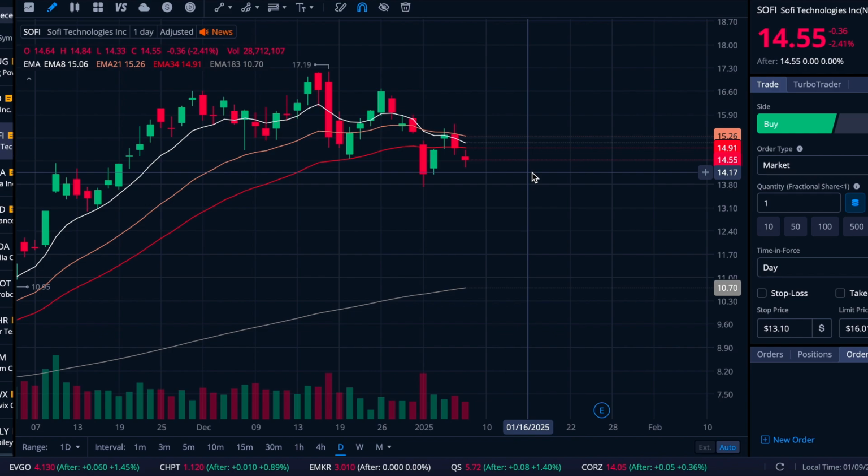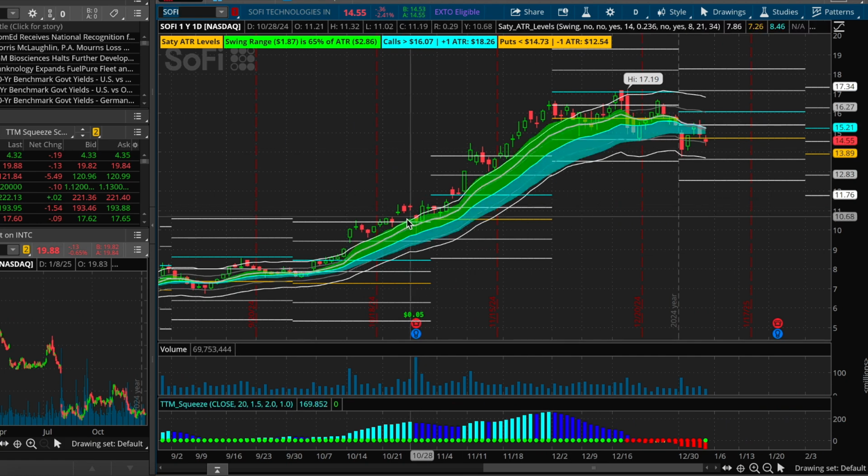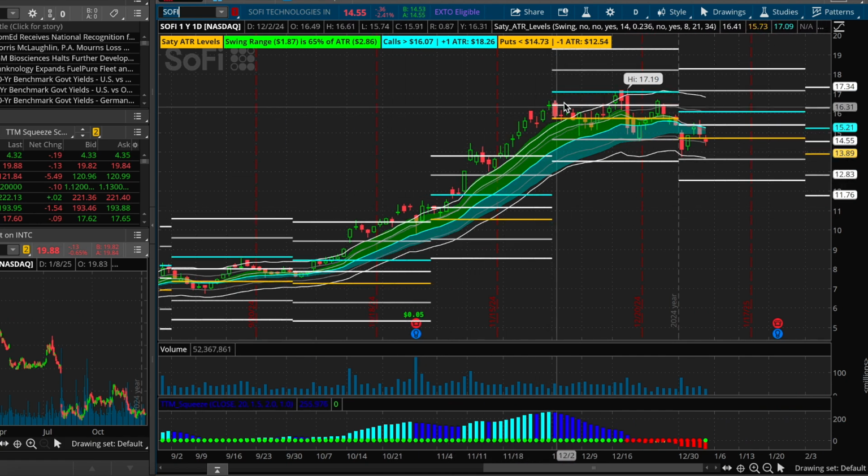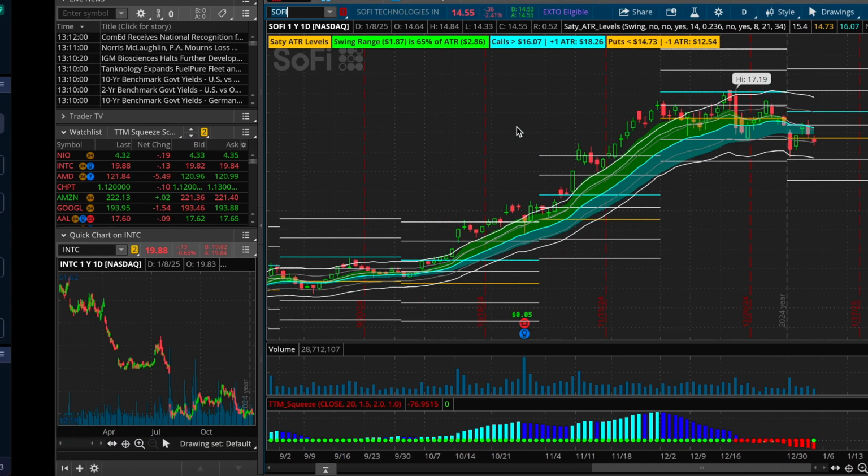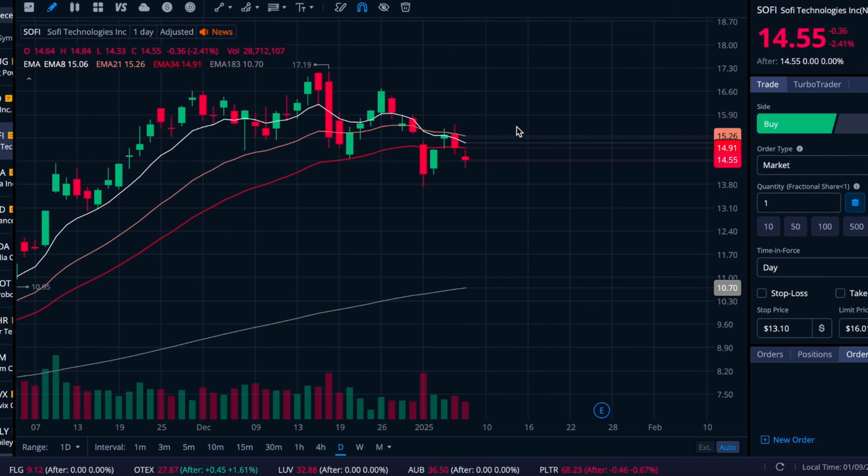So that's why I'd start to scale in probably at this moment. And it would have just been on my radar from seeing that it was spending so much time out of the channel, and say, okay, where's it going to take a breath? Where's it going to pull back? Maybe that gives me an opportunity to play that downside. And so that's where I would look for it here.